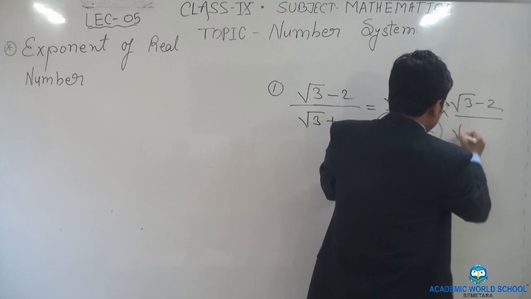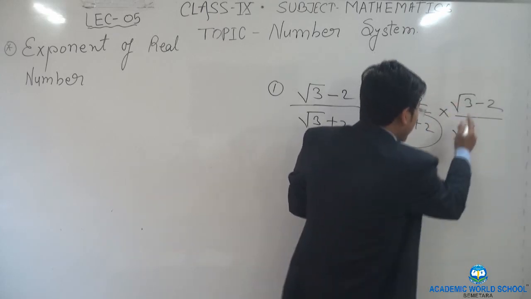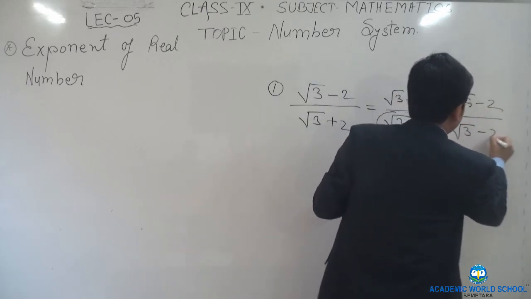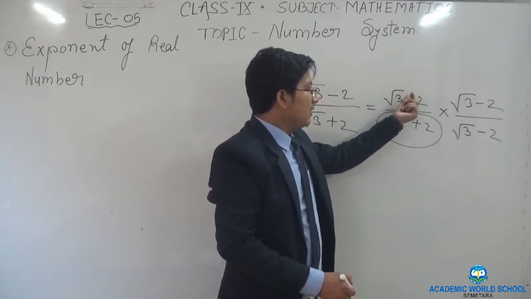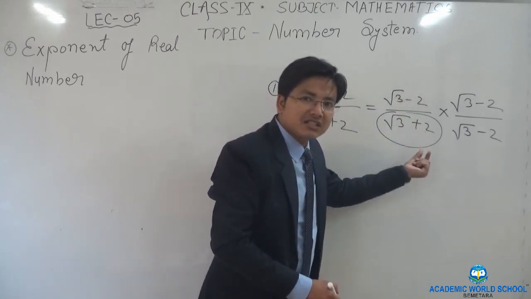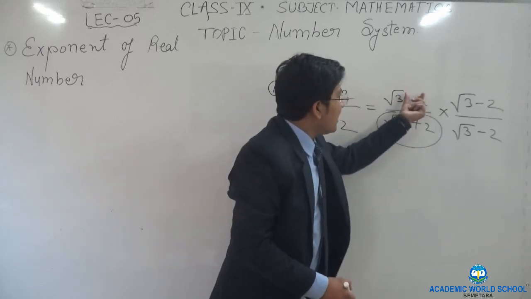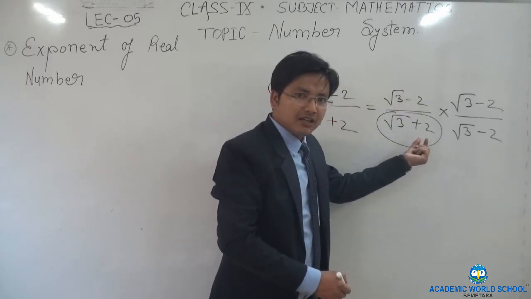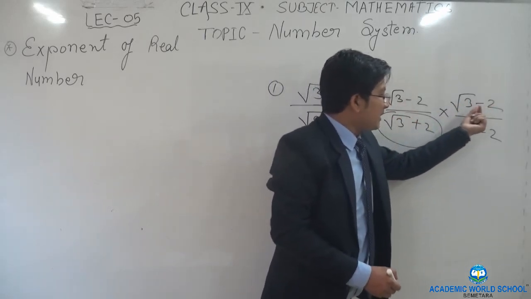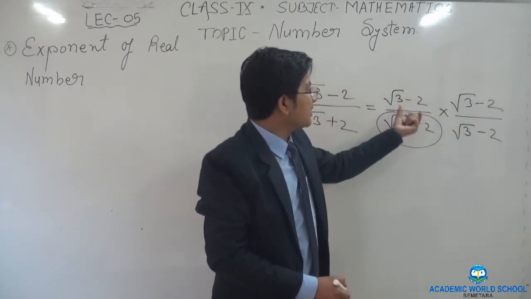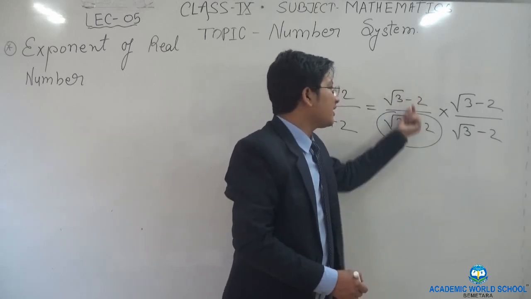Then similarly, if I am multiplying, I have to divide also. Root 3 minus 2. It means if I am multiplying the numerator, I have to do justice with the numerator as well as the denominator. Okay, so that is why I am multiplying by the same number in the numerator and the denominator.